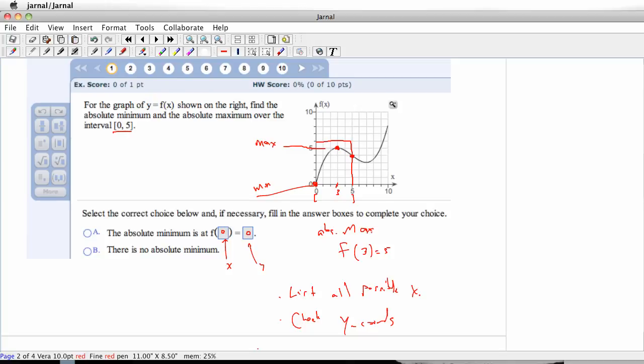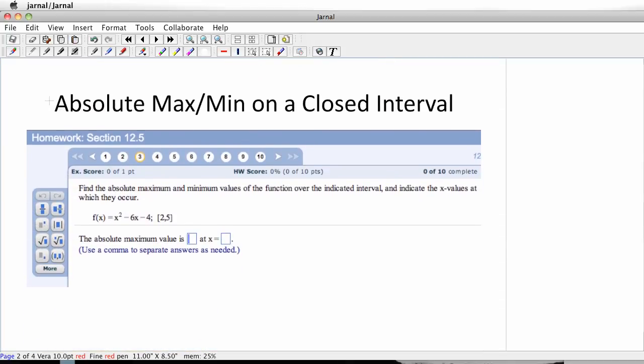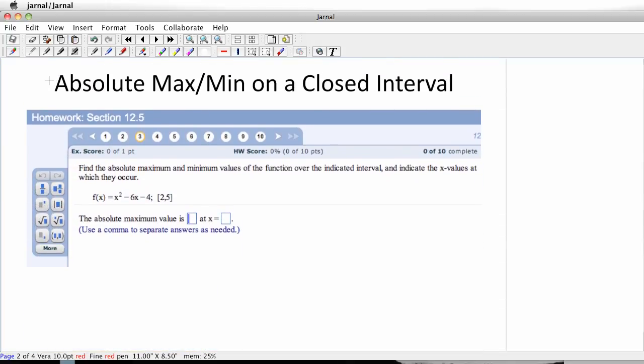Let's look at a problem where we don't have a graph in front of us and see how calculus can tell us where these values are going to be, even if we don't have a graph. So I'm interested in this function and this interval. This is a continuous function, so I don't have to worry about the graph jumping around. My first step, what they call step 2 in the book, is to solve f prime of x equals 0.